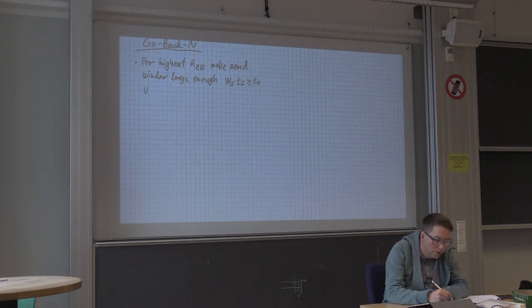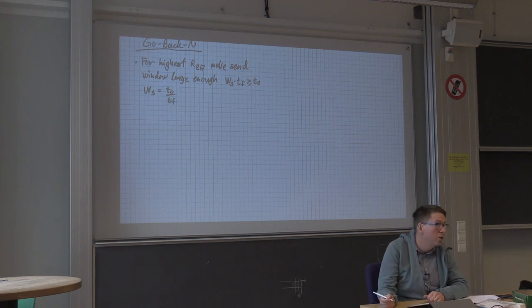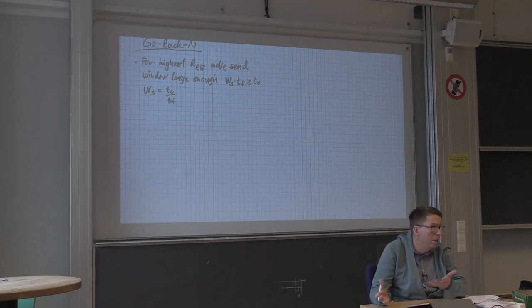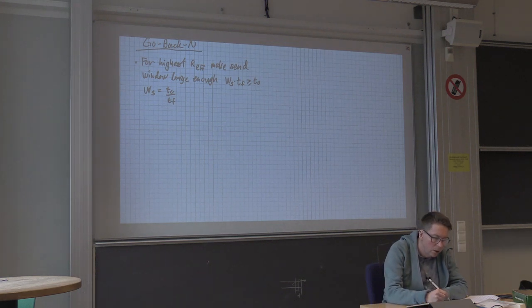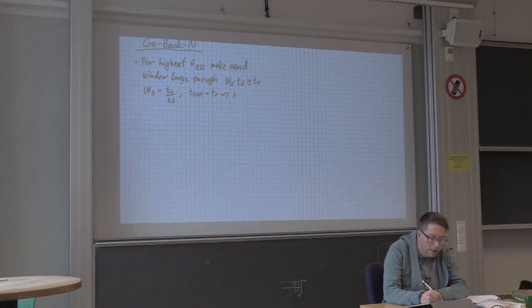For simplicity, we say that WS is then equal to T0 divided by TF. And we assume that this is an integer, otherwise we need to round that up. But let's assume that this is an integer. And if we take the timeout equal to T0, then that implies that N is equal to WS, the send window, which is the reaction time divided by TF.